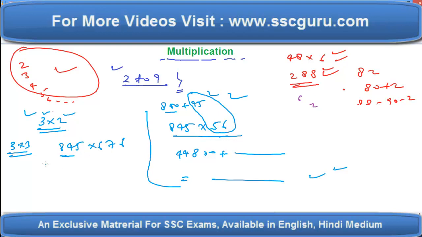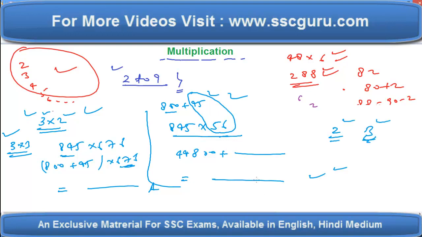In that case you can again write it as 800 plus 45, multiplied by 676. Multiply that figure easily, and after that multiply the other figure using the 3 by 2 method, and you will again get the result in one or two lines. Up to this level is more than enough. For other topics, see the other videos. Thanks for watching.